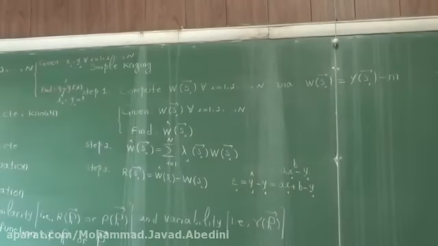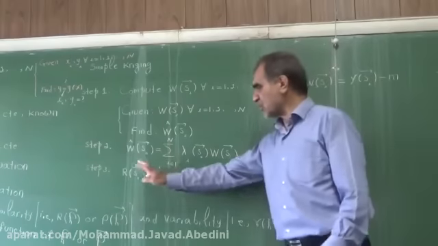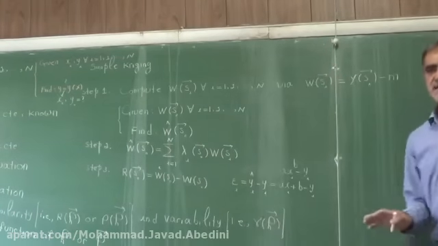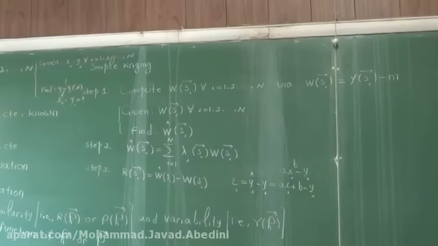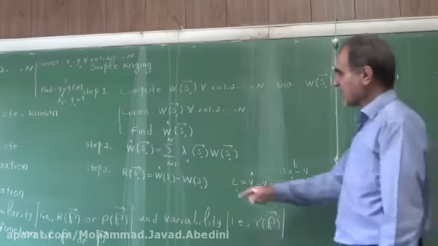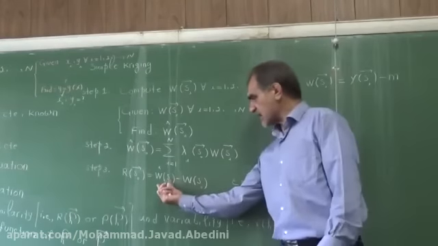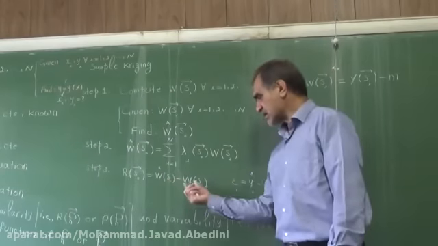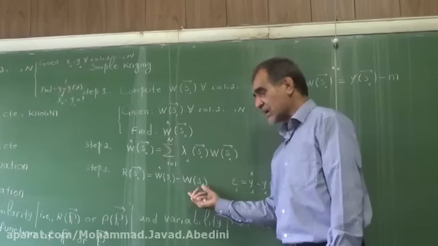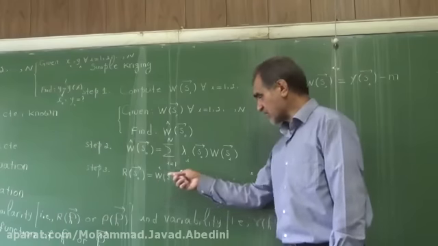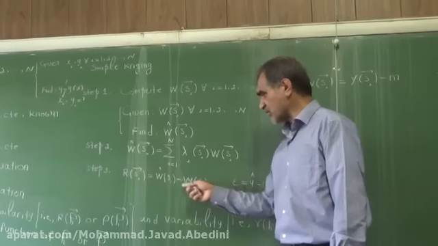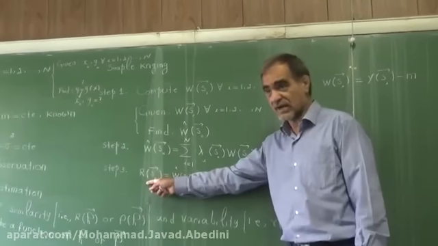When it comes to step 4, you have to impose unbiasedness condition on your residual. By unbiasedness condition on residual, because this is a random variable and this is another random variable, therefore if you subtract a random variable from another random variable, you are going to get a new random variable.